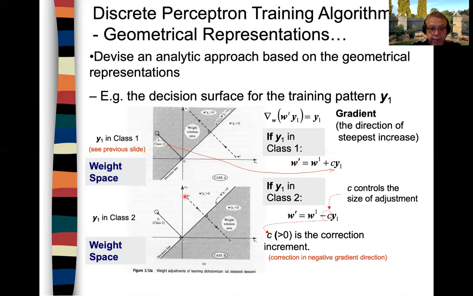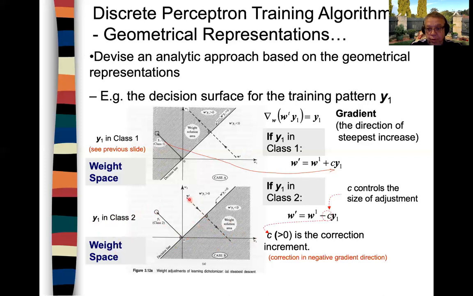Now, in the second case, again, this is my weight space, W1 and W2. In this case, I assume that this is my initial weight, and I assume that Y1 belongs to class 2. So this is the weight solution area. This is my same pattern, Y1, but it belongs to class 2 as opposed to class 1 before.